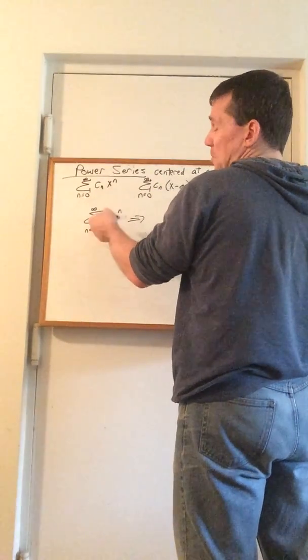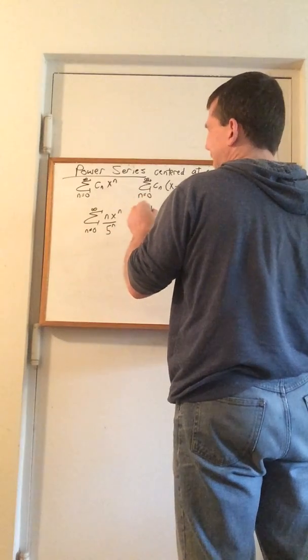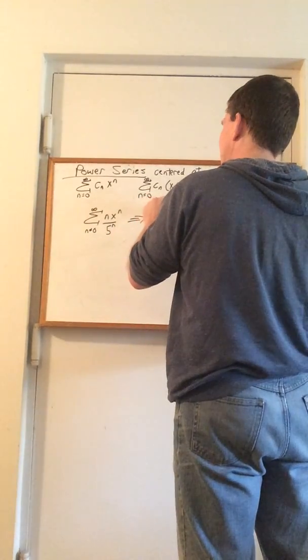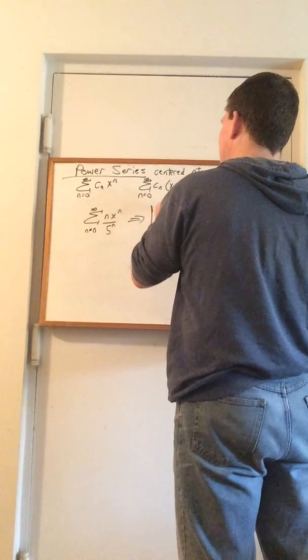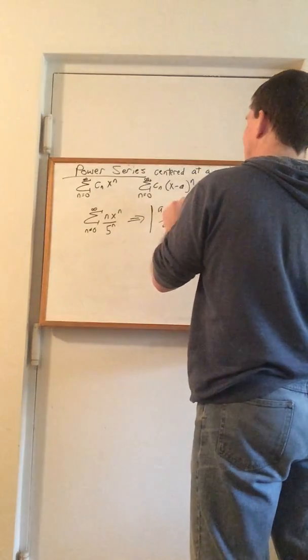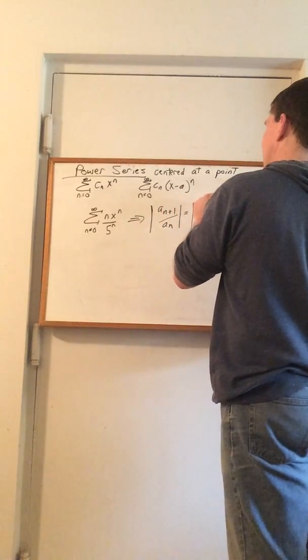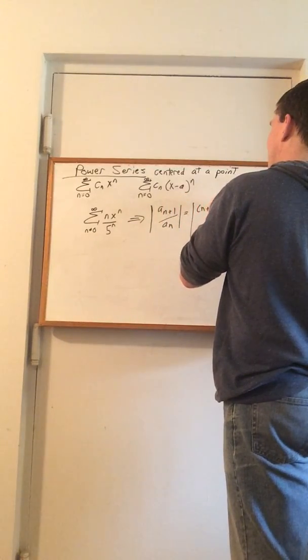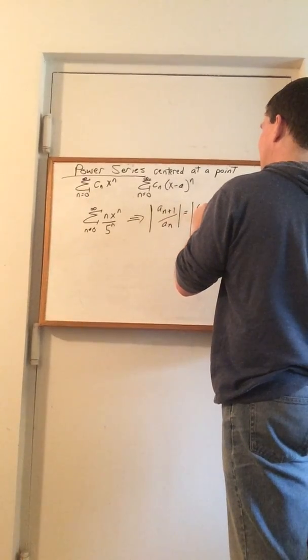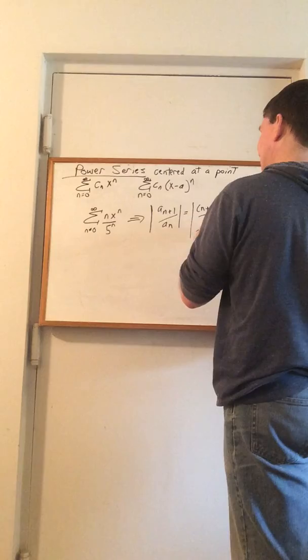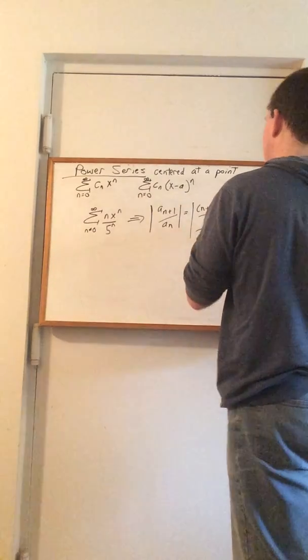I don't need to worry about absolute value because everything is positive. I'll write it, but you don't need to worry about it. And it's a to the n plus 1 over a to the n. So for us, that is n plus 1 times x to the n plus 1 over 5 to the n plus 1, all over n x to the n over 5 to the n.